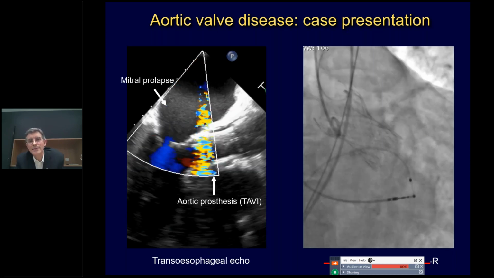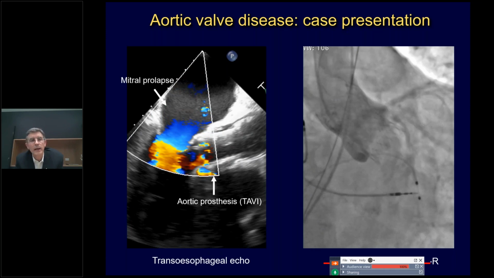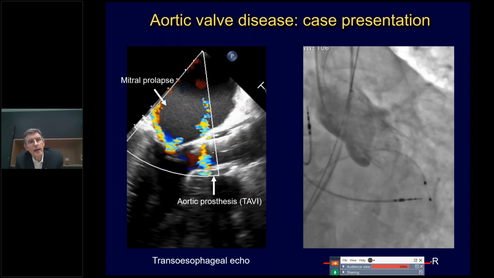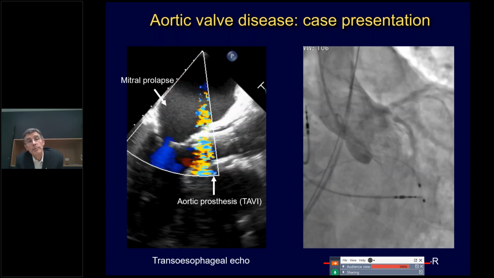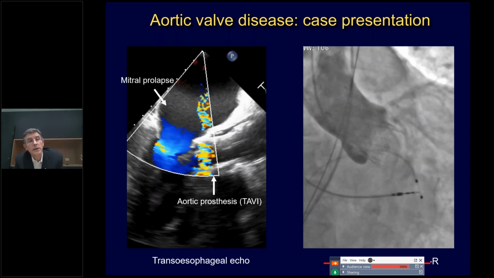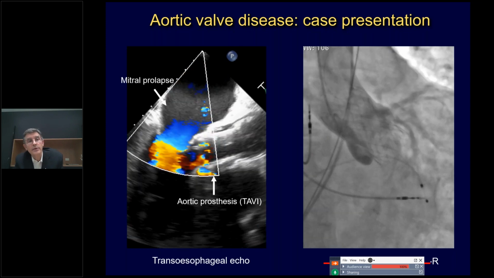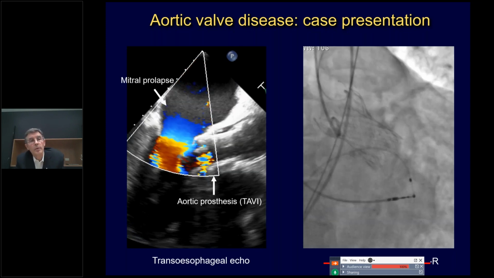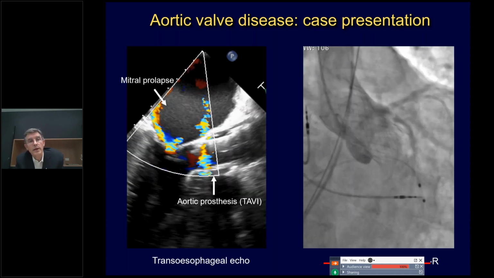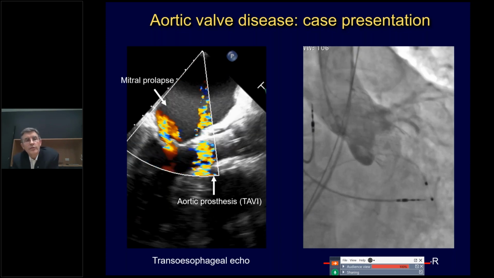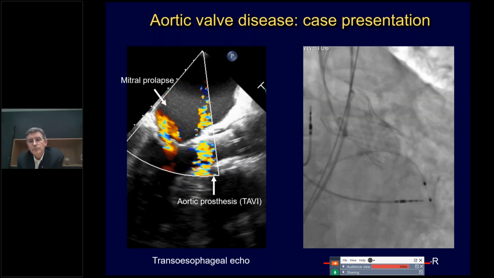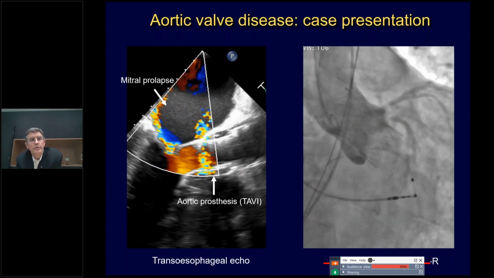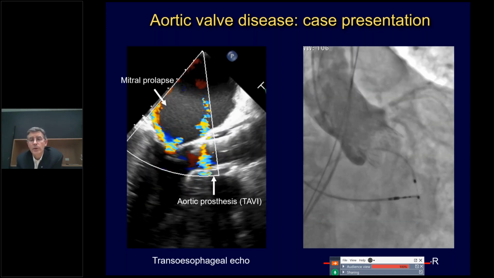So if it doesn't make sense, if someone's very symptomatic and the transthoracic echo says that they've only got mild to moderate MR, it may be they just haven't been able to see the severe eccentric jet that would be much more readily seen on a transesophageal echo. So don't forget that the TOE is a good way of finding these eccentric jets and recognizing patients with severe MR. So what can we do for him?